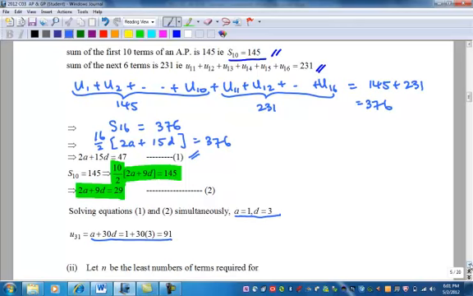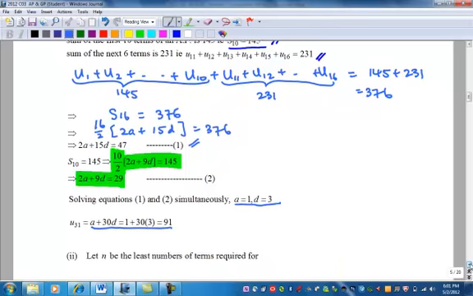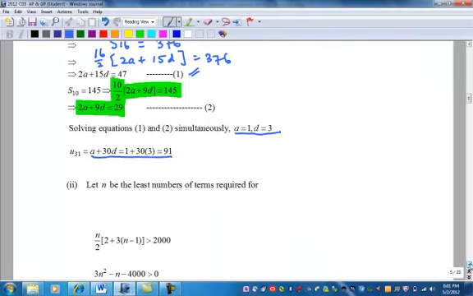We said earlier that we need to find the least n such that the sum of the n terms exceeds 2000. From here we know that we need to make use of the formula of Sn, which is n over 2, 2a plus n minus 1 d.